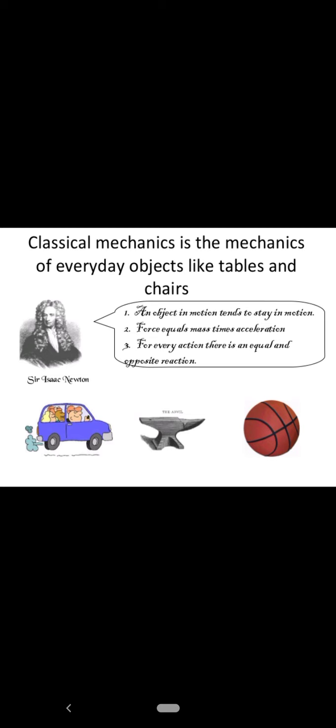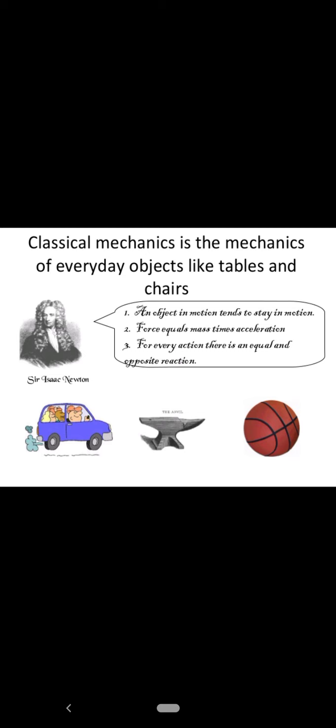So let's discuss classical mechanics. Then we will see how the transition from classical mechanics to quantum mechanics took place. Classical mechanics is the mechanics of everyday objects like tables and chairs. The origin of classical mechanics was laid by Newton, who gave three basic laws. The first law: an object in motion tends to stay in motion.